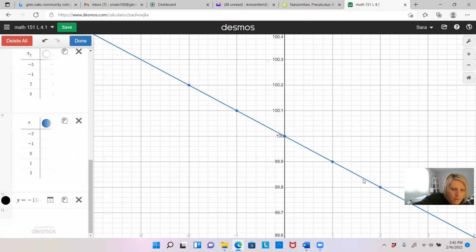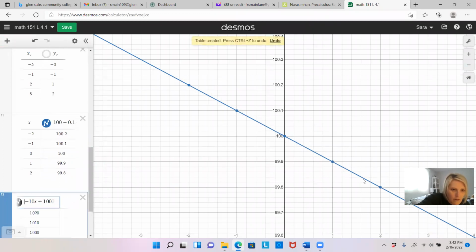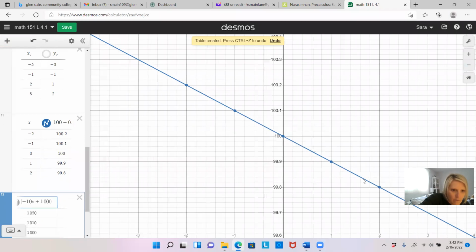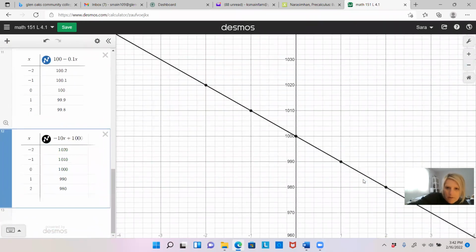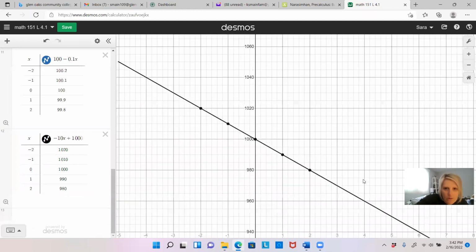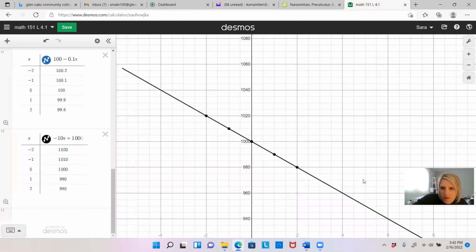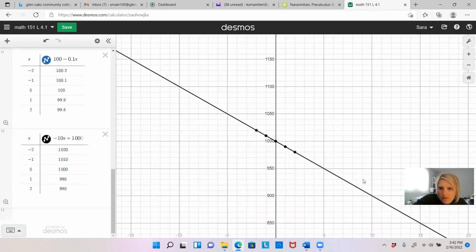Because that's such a large number, we need to put it in our table, and then, okay, let's zoom way out.